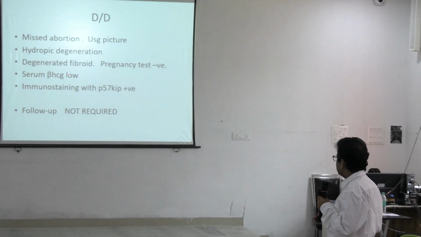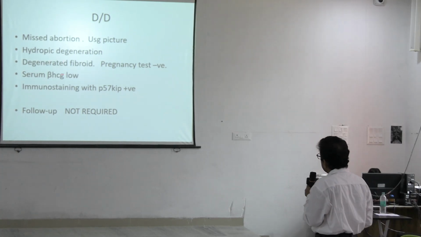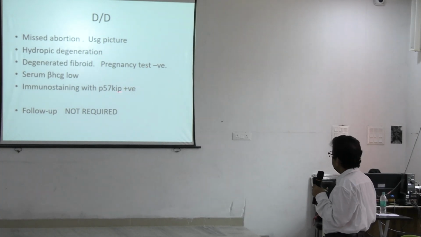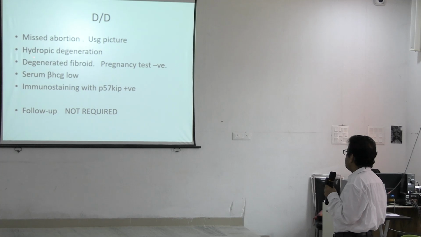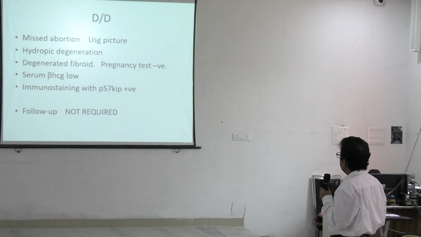But in this case, if it is a fibroid giving rise to irregular bleeding PV, the pregnancy test will be negative or beta hCG will be negative. So that's the way you can differentiate between degenerated fibroid and the snowstorm appearance of molar pregnancy.